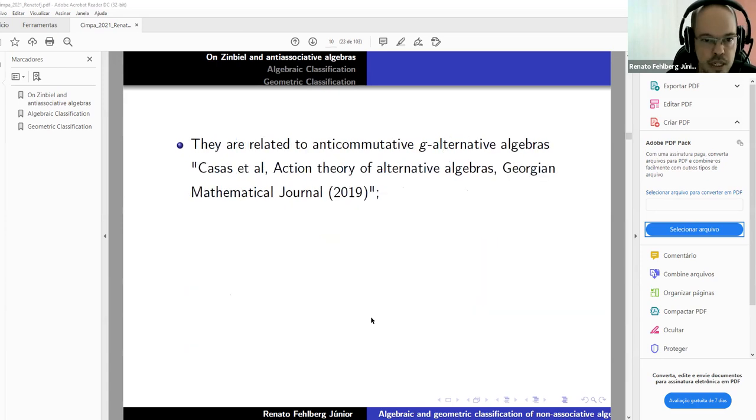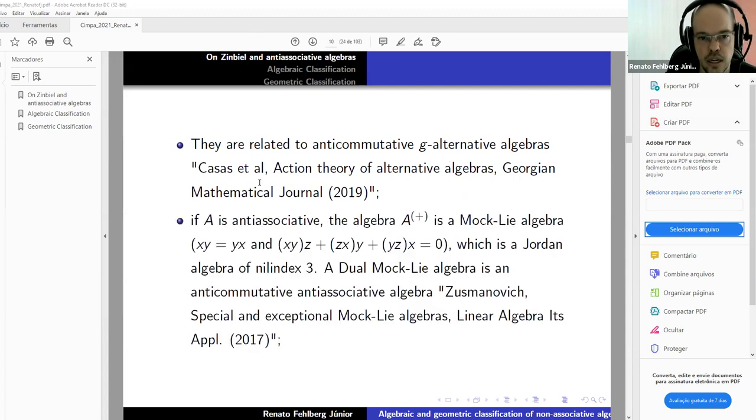Antiassociative algebras are also related with anticommutative alternative algebras. And if you consider an antiassociative algebra, and if you take the algebra A+, we obtain a mock Lie algebra.